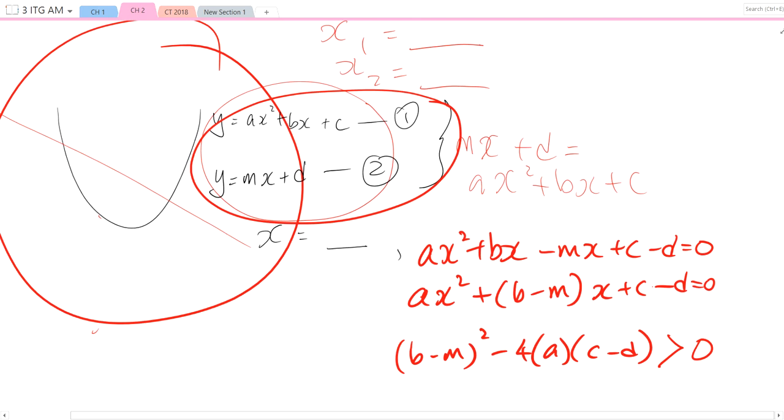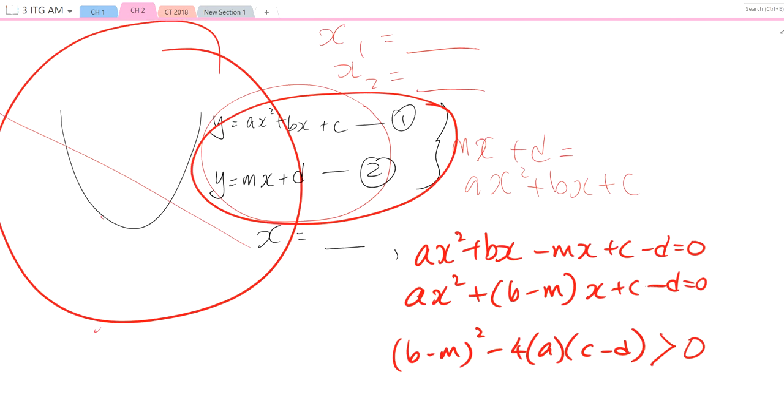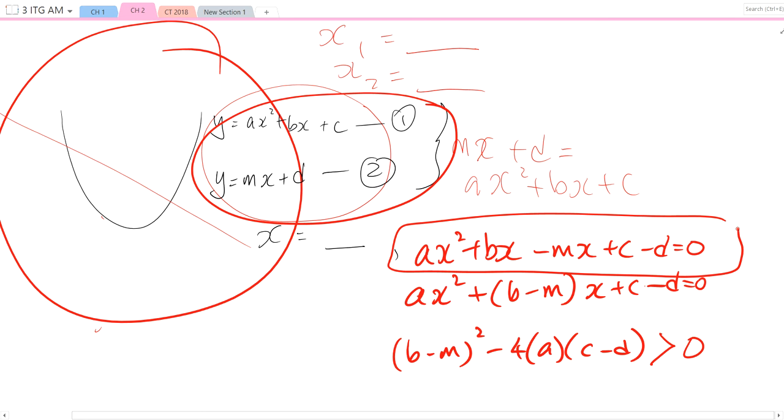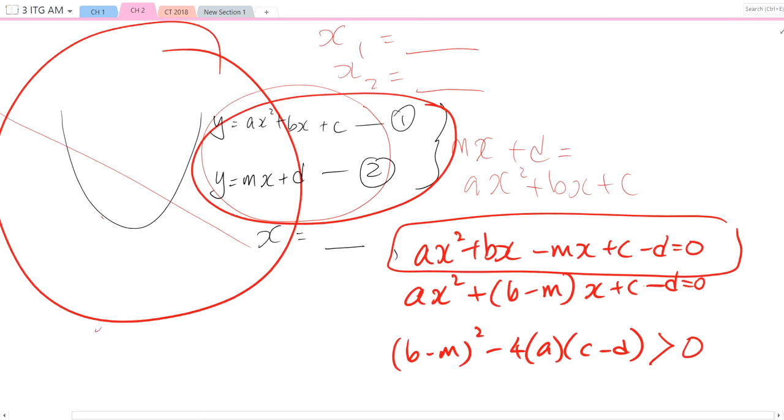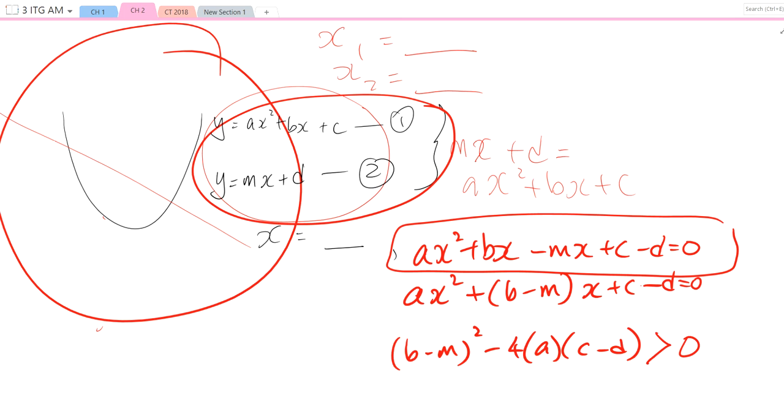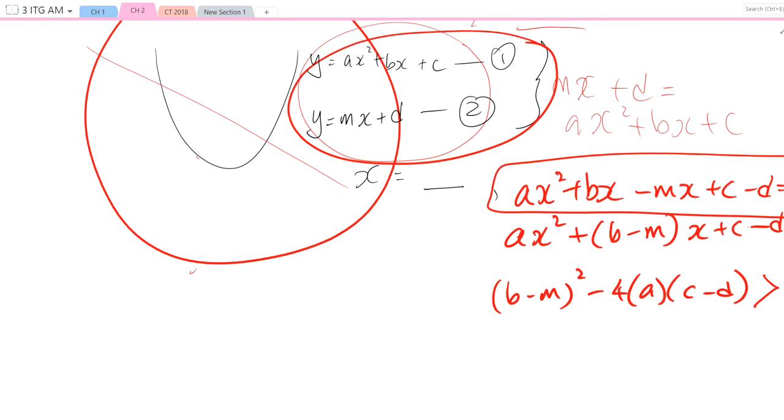When you solve simultaneous equations, you will naturally want to use the quadratic formula because there's no guarantee that it can be factorized, right? So because you want to use the quadratic formula, you want it to be of the form something x squared plus something x plus something equals 0. We always want it to be that way. Am I right? Okay.